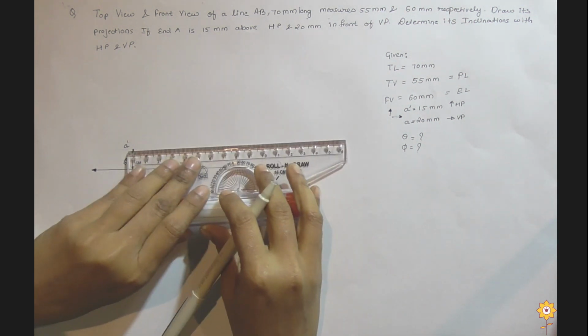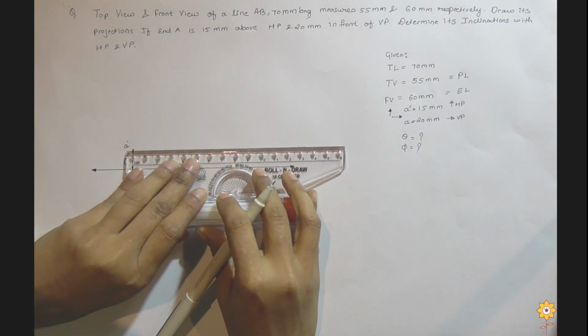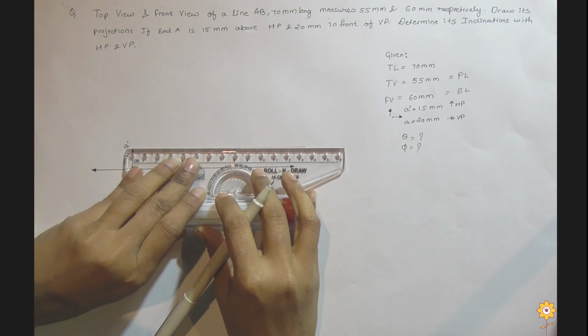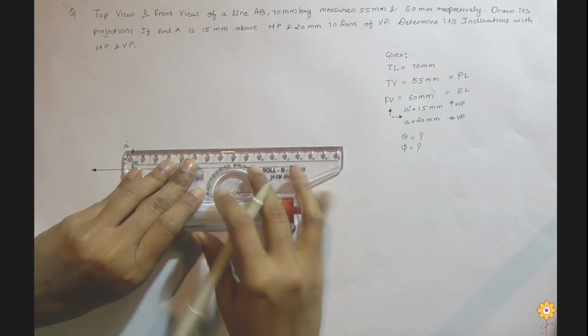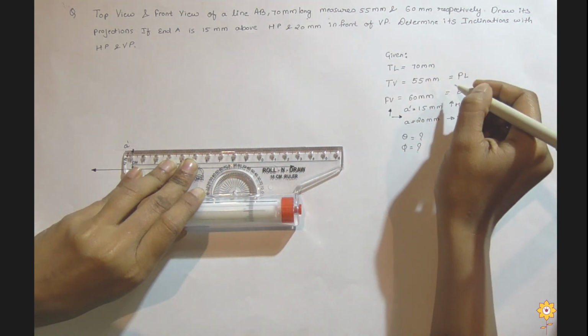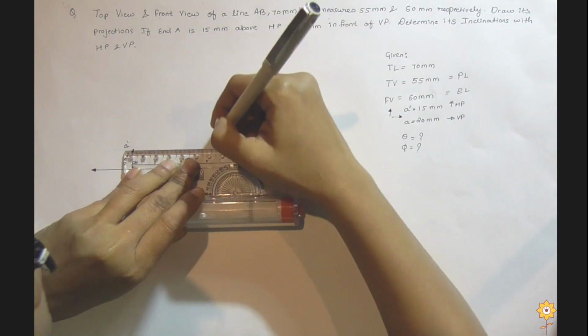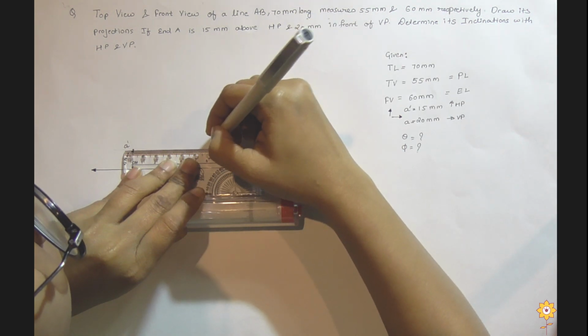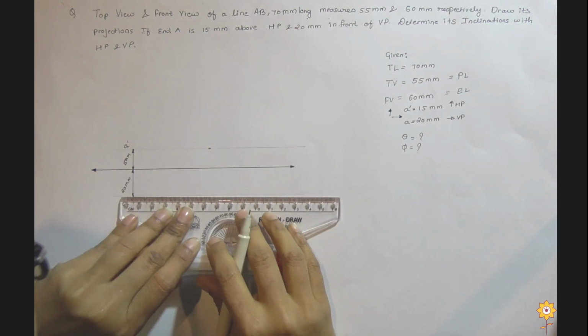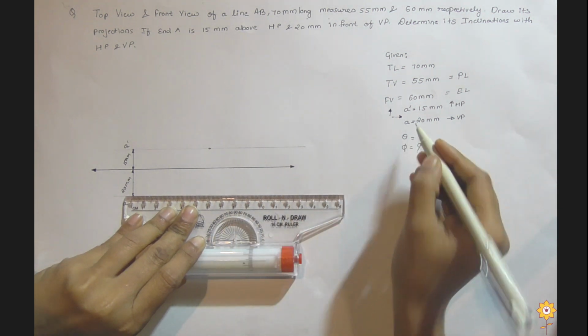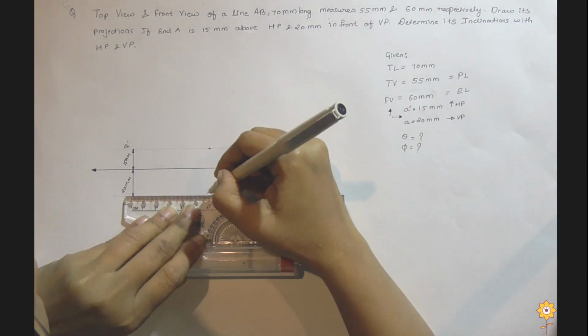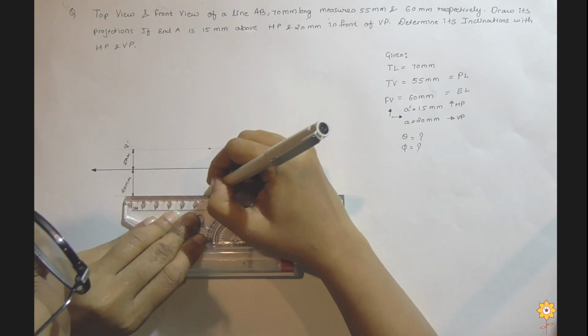On A dash I'll mark my elevation, which is 60, so I'll mark 60 here, and I'll mark 55 here.